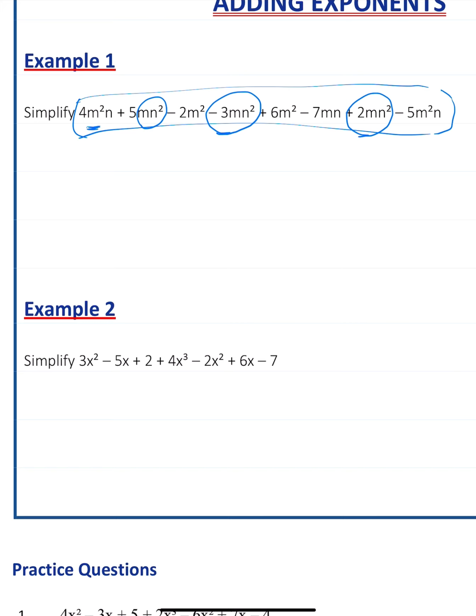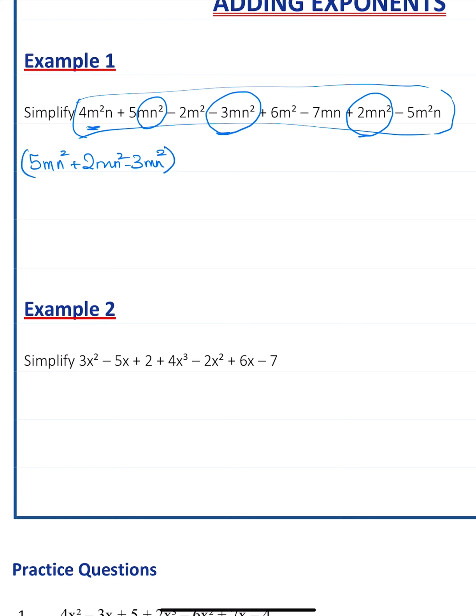So I'm gonna first write these three down, and even if you do know how to add exponents in your head, I would still recommend writing this down. So I've got 5mn squared plus 2mn squared and then minus 3mn squared.